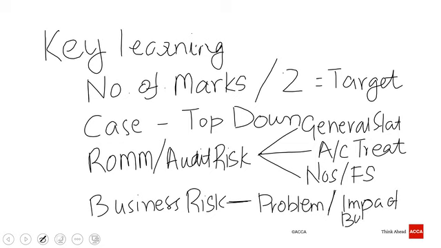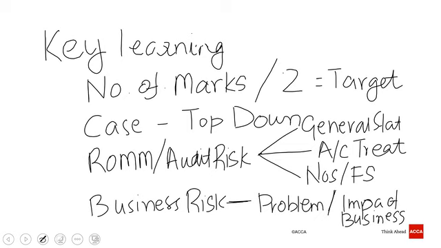I was very clear yesterday that the impact of an audit risk and a risk of material misstatement is on the financial statements. The impact of a business risk is on the business, and business is a much broader parameter.